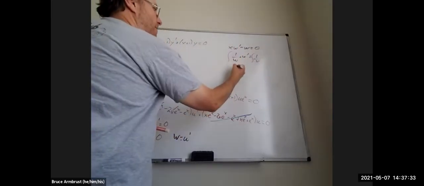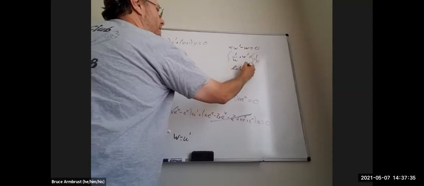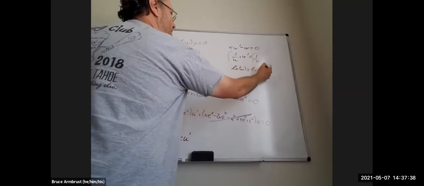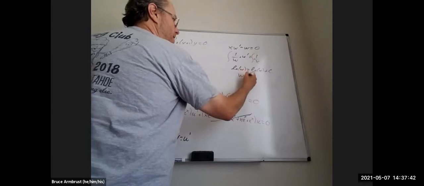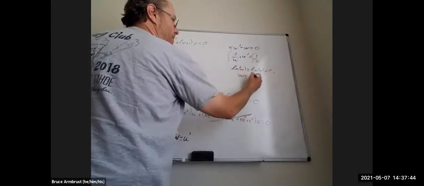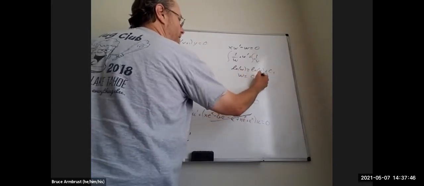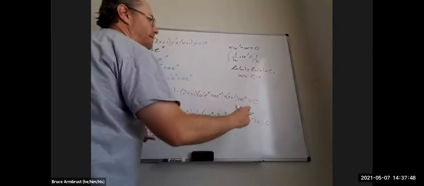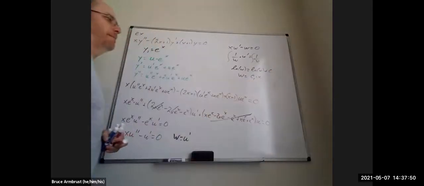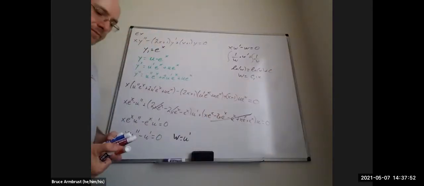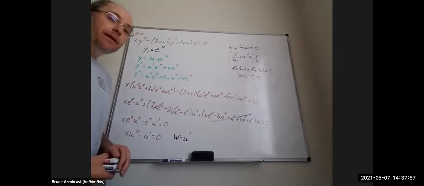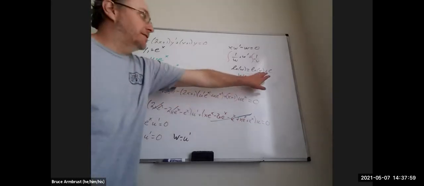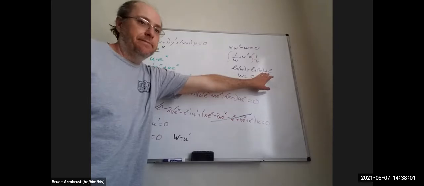We get the natural log of w equals the natural log of x plus c. So w equals c1 times x. It turned into a multiplication, just like on that one from the exam. It turned into a multiplication because this addition is in the exponent.